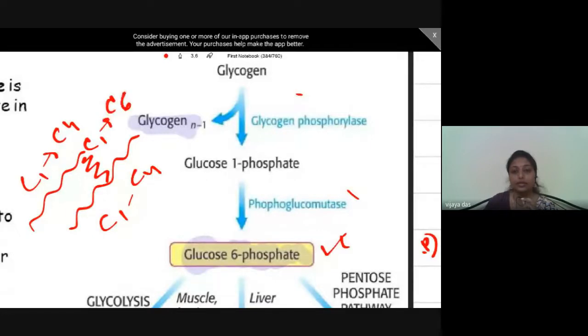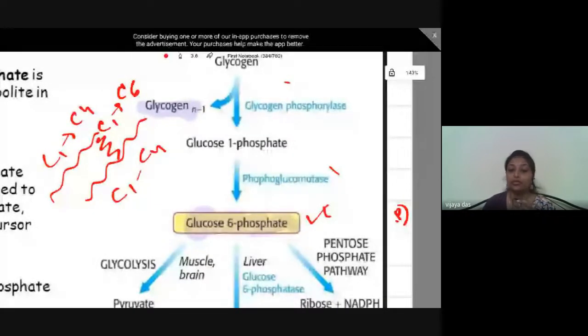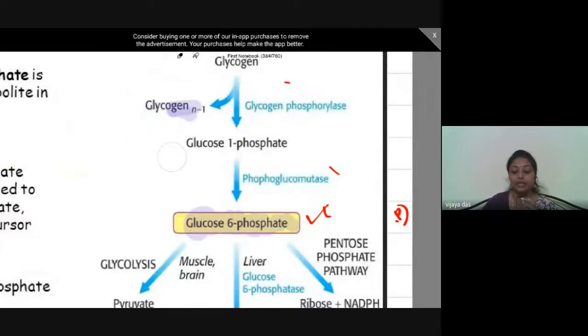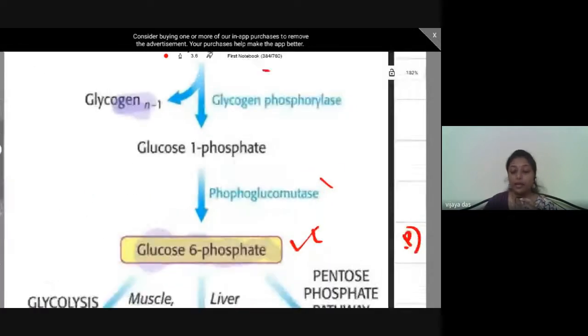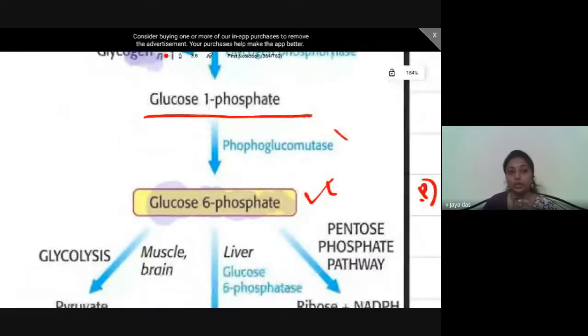The branching is possible here because the sixth carbon is involved here and the fourth carbon is also involved. So in order to form the bond, it is necessary that the glucose be converted into glucose 1 phosphate. So glycogen is produced from glucose, how? By generating glucose 6 phosphate, and this glucose 6 phosphate is converted into glycogen.